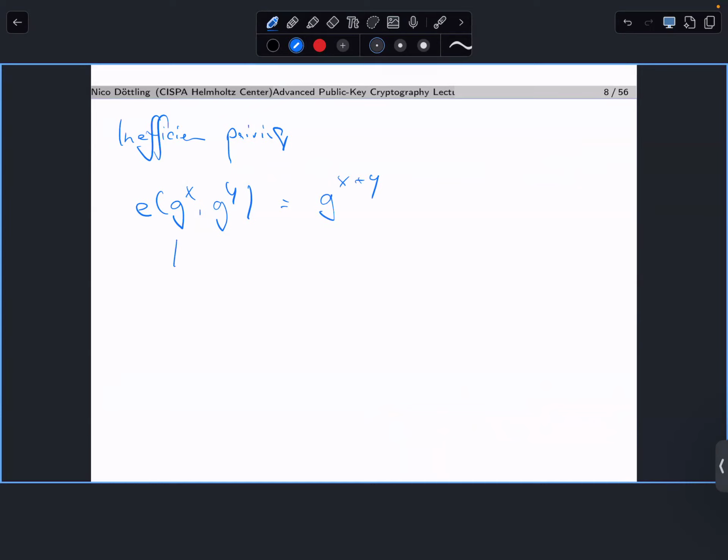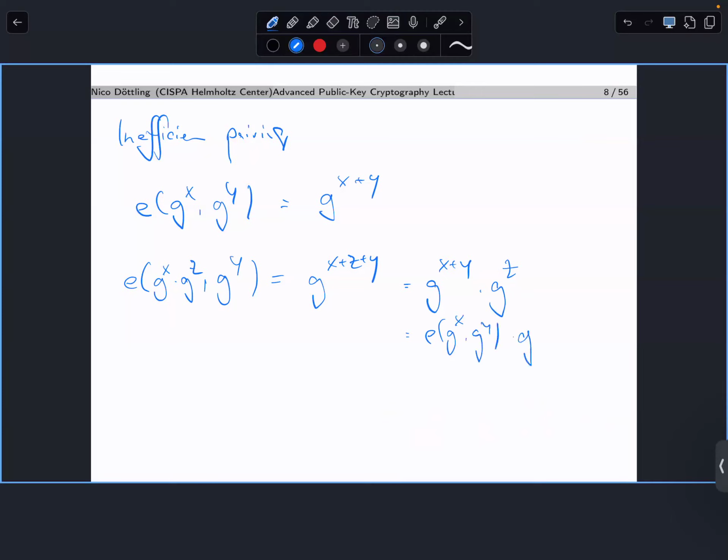When we replace g to the x by g to the x times g to the z, e of that comma g to the y, according to you, would be g to the x plus z plus y. And this is now something like g to the x plus y times g to the z. And this is your e of g to the x, comma, g to the y times g to the z. There's some g to the y missing here.